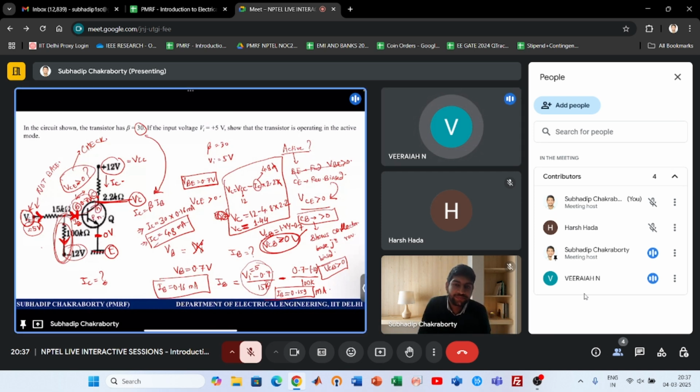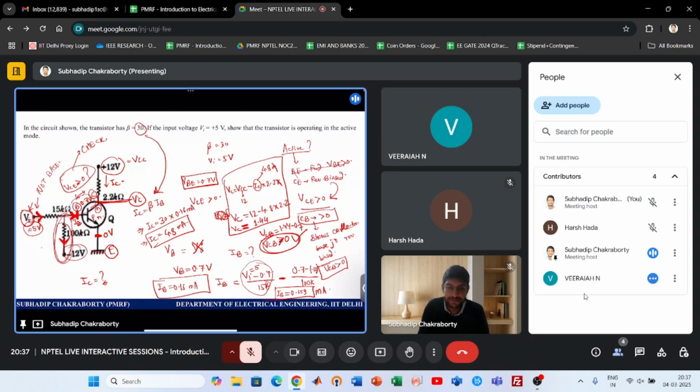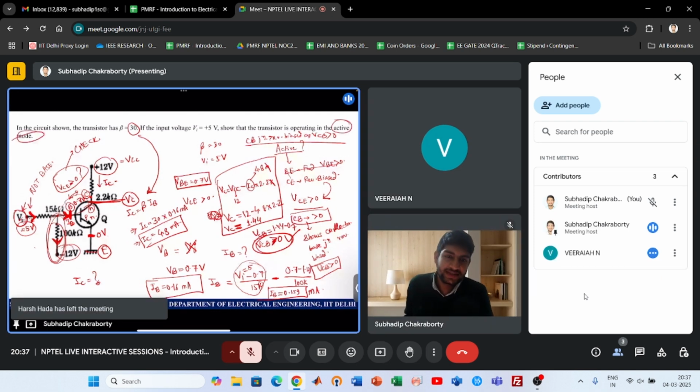So VCB coming 0.74 volts positive. Correct. That means coming positive means that it is reverse biasing the collector base junction. So collector base junction reverse biased as VCB greater than 0 implies that the operation is in active mode. Basically, active mode operation is that only. So see the next problem.